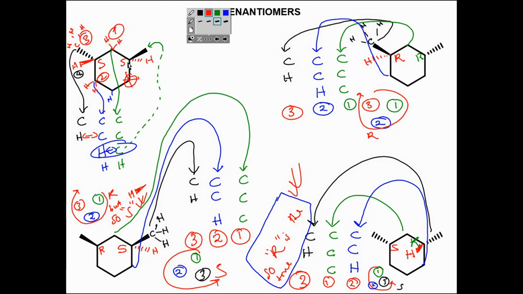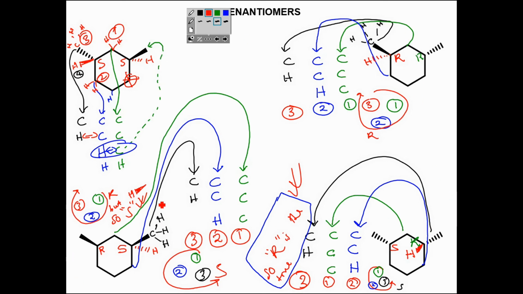We do the same thing for this guy. You find that's going to be an S, and the example of this where it's done is on this molecule, because that bond is just similar to this bond, right? So you do the assignment. You see, these molecules all have the same molecular weight, same number of hydrogens, same number of carbons.